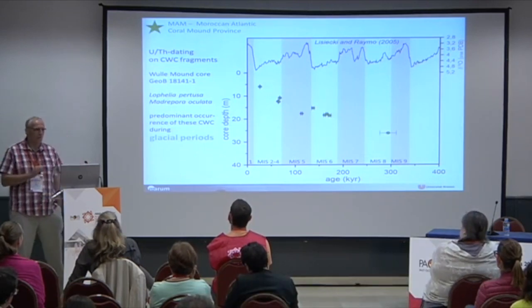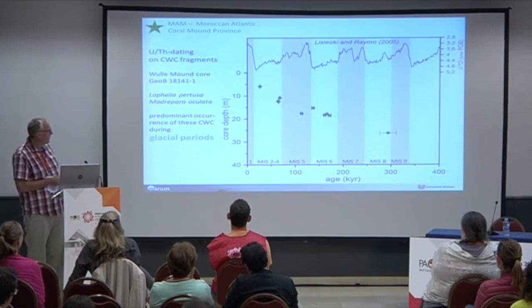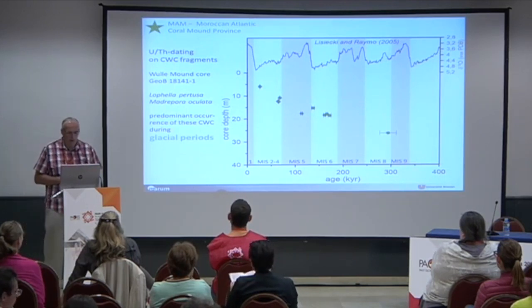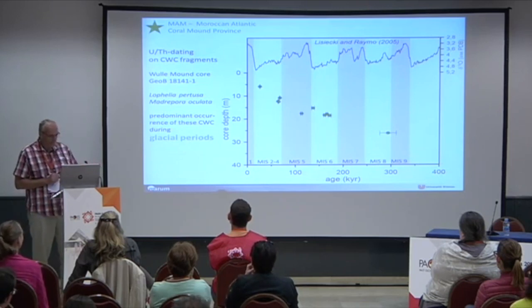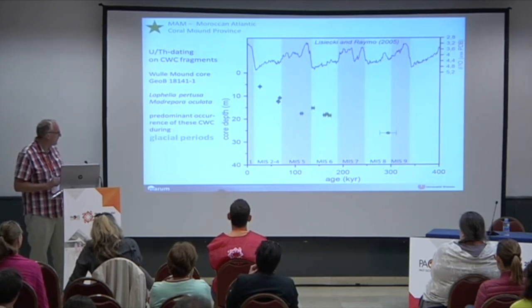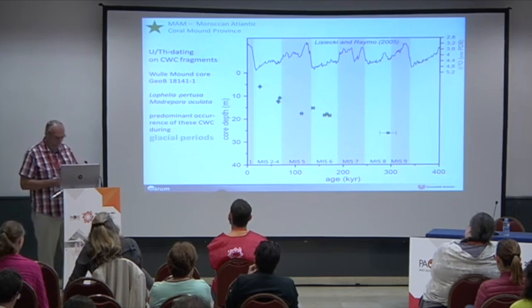That's not a black and white pattern, so it's really a predominant feature. You see here is also an interglacial one, and probably also the very early Holocene. There are still some. You'll see some more data from the older records in a minute. But as I said, there's a predominant glacial occurrence of these corals on the Atlantic side of Morocco.